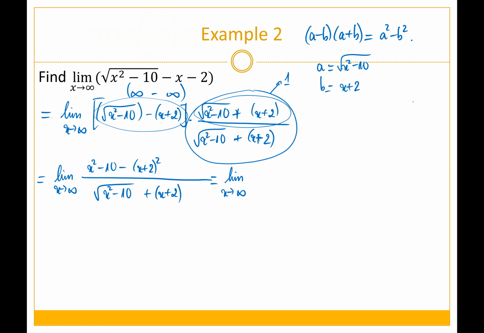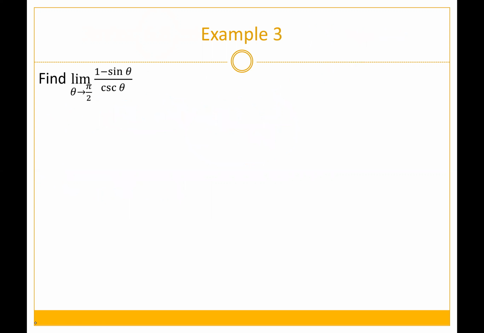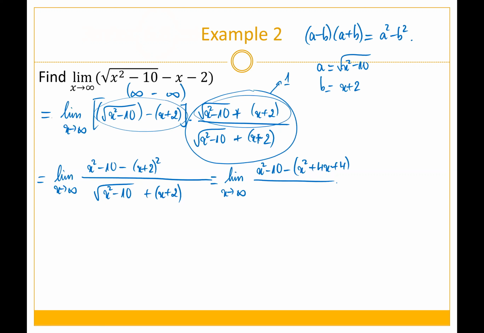So (x plus 2) squared, I'll just write down as x squared plus 4x plus 4, divided by the square root of x squared minus 10 plus x plus 2. And so now you're going to have the limit of x approaching infinity, negative 4x minus 14 divided by that.